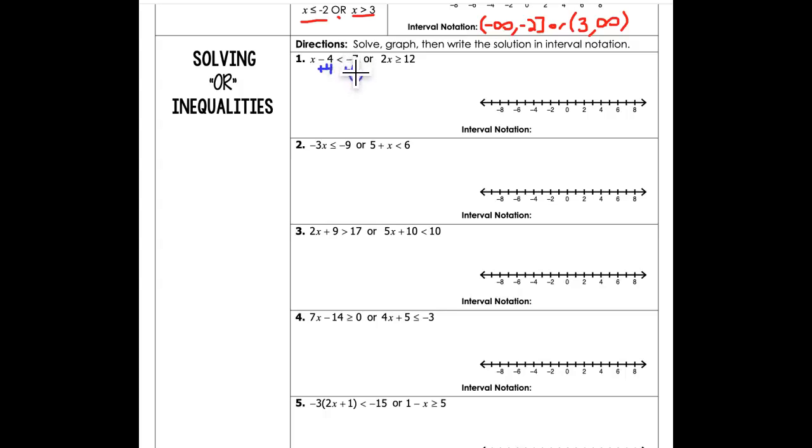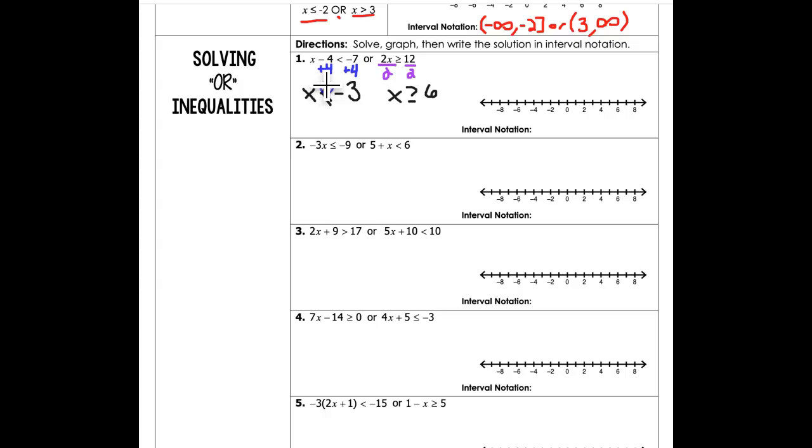That will give me x is less than -3, and that one is finished. For the second one over here, I start by dividing both sides by 2. And so that gives me x is greater than or equal to 6. So these are my two different inequalities.